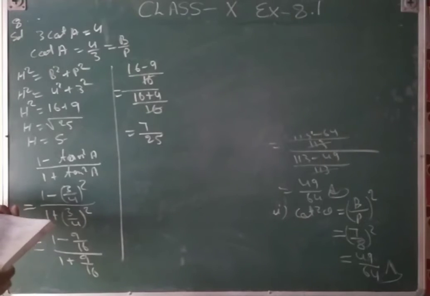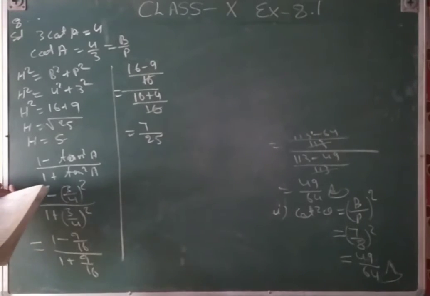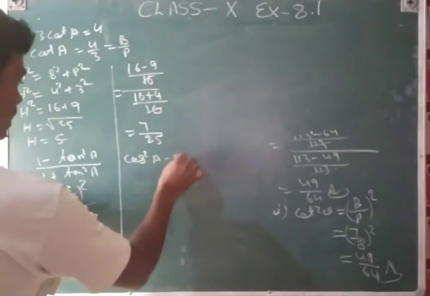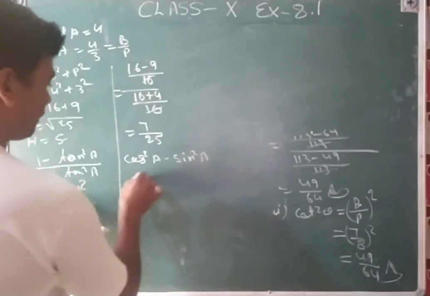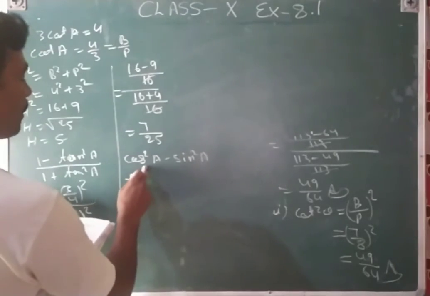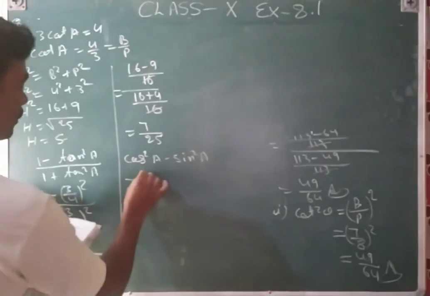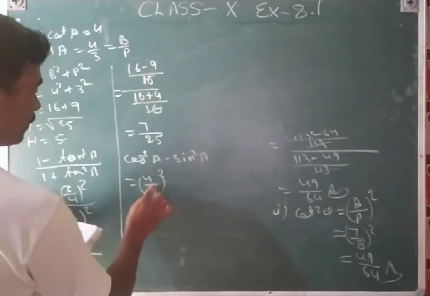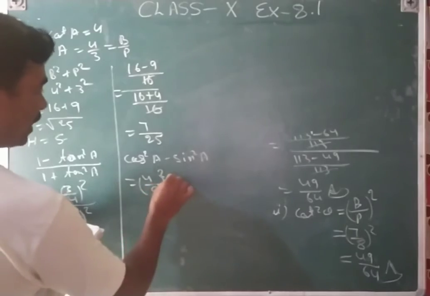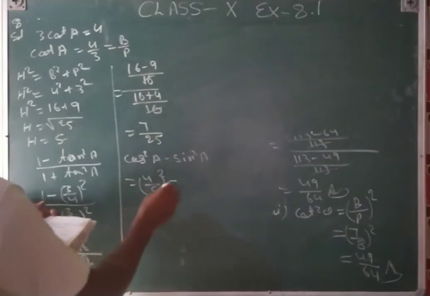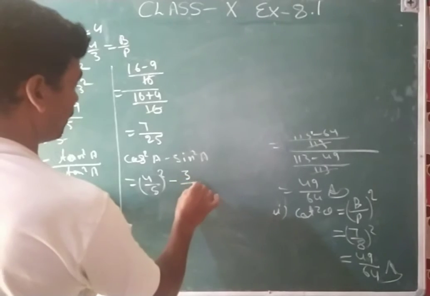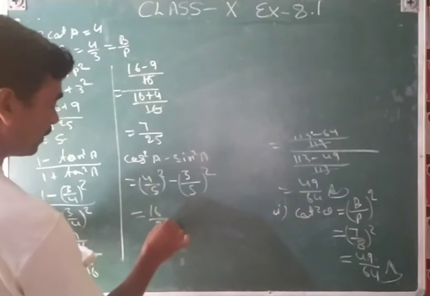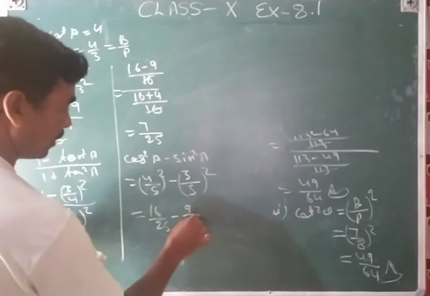First the left hand side we have found, and then the right side, cos square A minus sin square A. So cos value is b upon h. So 4 upon 5 square, and then minus sin, which means p, that is 3 upon 5 square. 16 upon 25, that minus 9 upon 25.